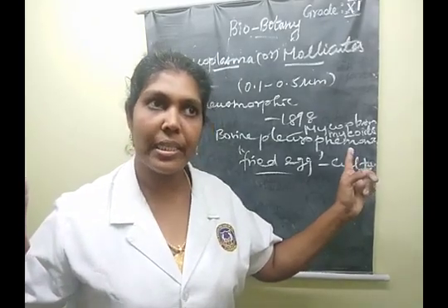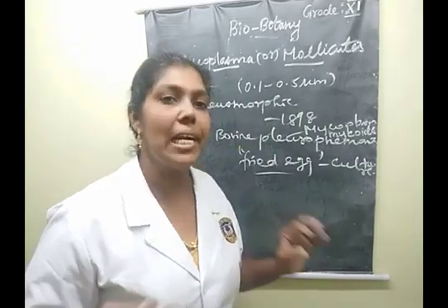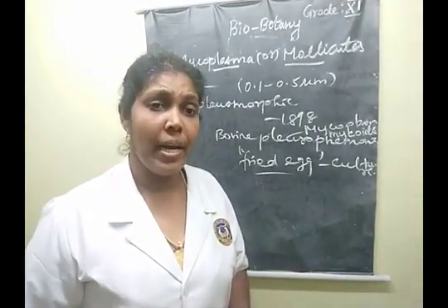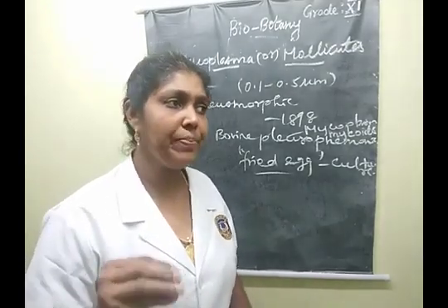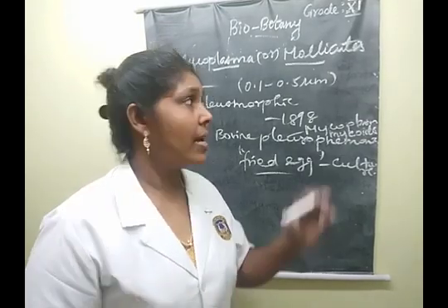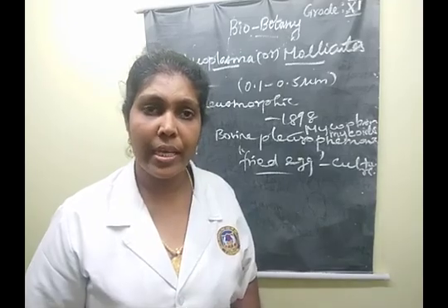Clear, children? In plants, there are diseases like little leaf of brinjal, sandal spike, and phyllody of clove varieties. These are the plant diseases caused by mycoplasma. Understood, children? Say yes or no?